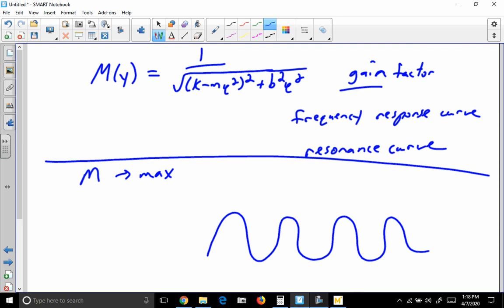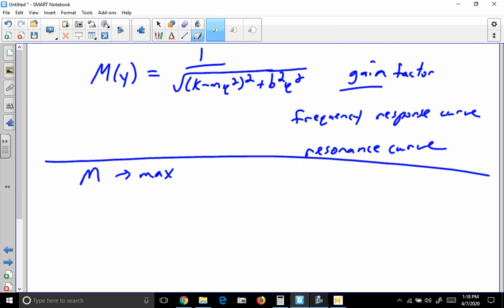It's maximized. So if you have something that's brittle like glass and it's oscillating and those oscillations get big enough, then it can cause a tear. So we want to find out, how do we stay away from that resonant frequency, or that frequency that causes us to have the largest gain.